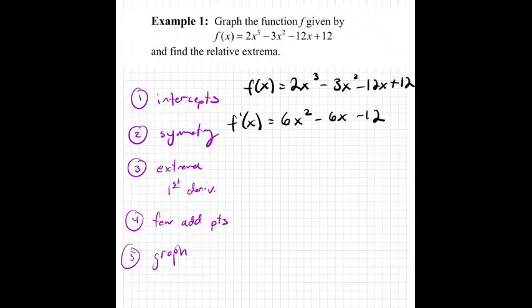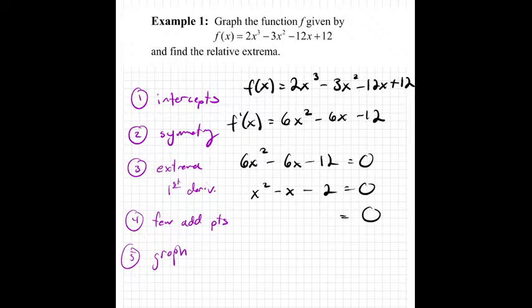But then again, if we set it to 0 and solve, 6x squared minus 6x minus 12 equal to 0, we can divide both sides by 6. This will give us x squared minus x minus 2 equals 0. Can we factor it like this? x and x, plus and minus, 2 and a positive 1.